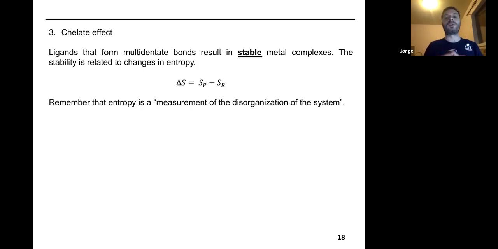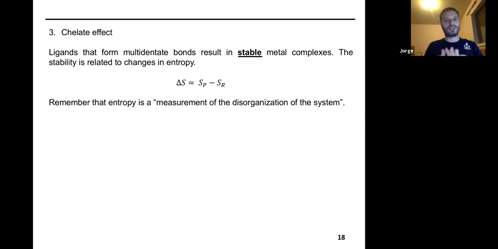So we are always looking for a change in entropy, and that's always the entropy of the products minus the entropy of the reagents. Remember that entropy is a measurement of the disorganization of the system.